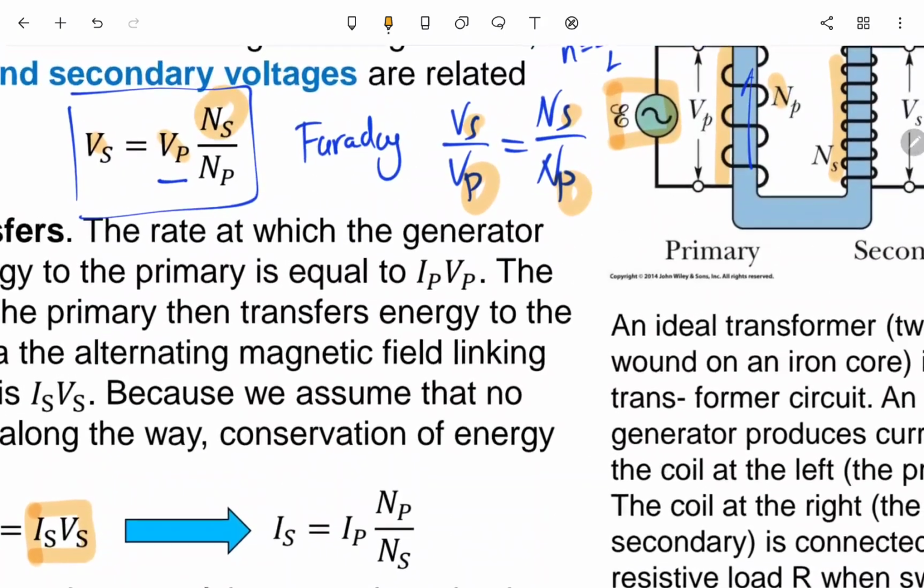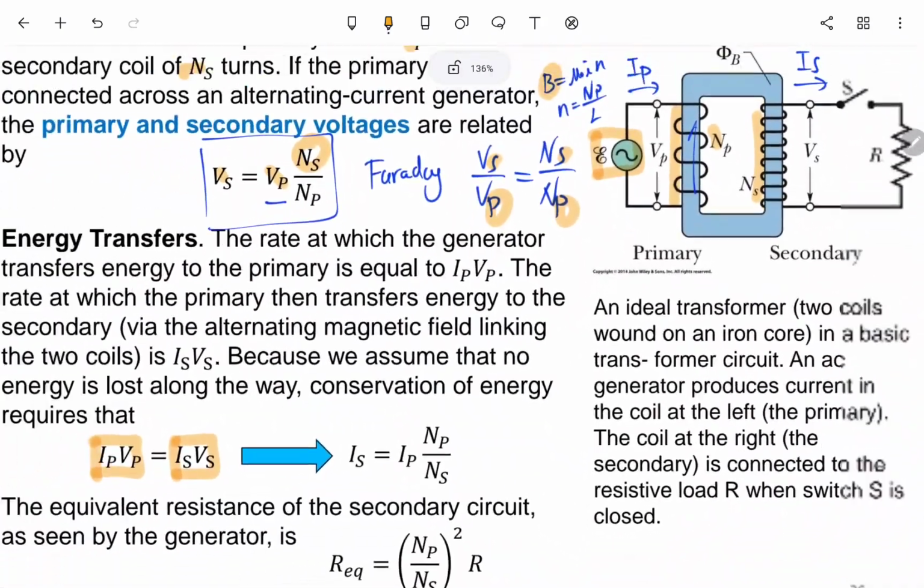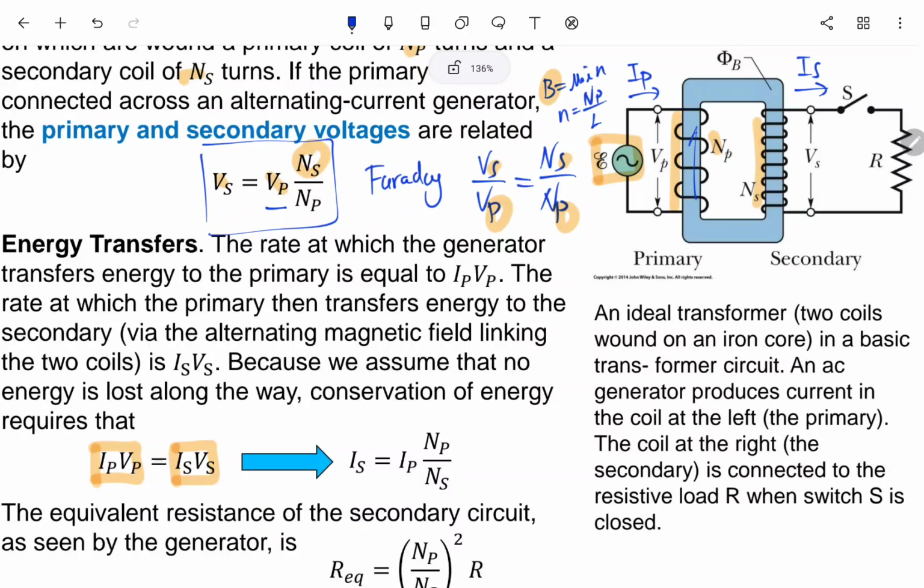If you write it in another way, we have IS over IP equals NP over NS. Okay, so the voltage is proportional to the number of turns ratio, but the ratio of current is inversely proportional to the number of turns.